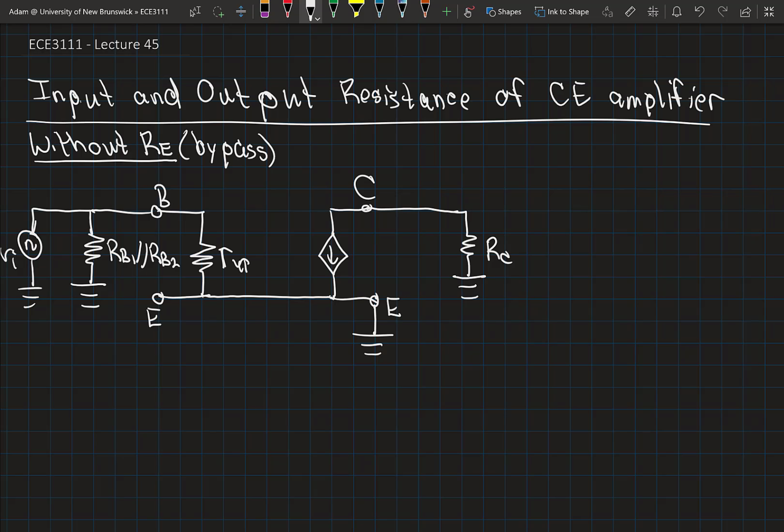Again, I'm interested in two things: input resistance and output resistance.